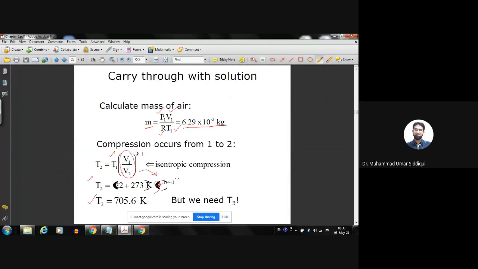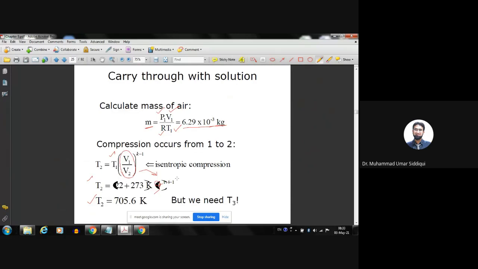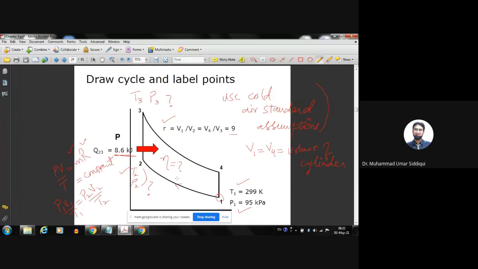The next thing is that we can determine the pressure here. The pressure is not actually calculated here, but we can determine it from this equation. Because we know V1, we know V2, and now we know T1, we know T2, and we already know P1, we can determine P2.